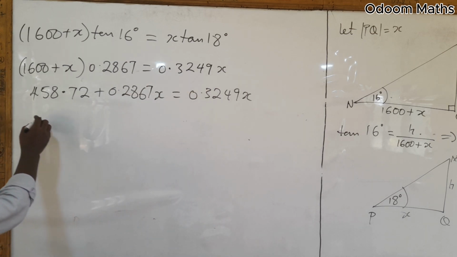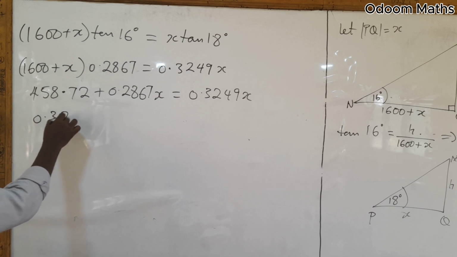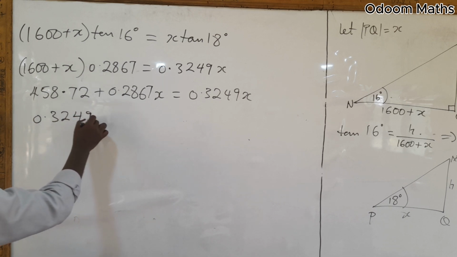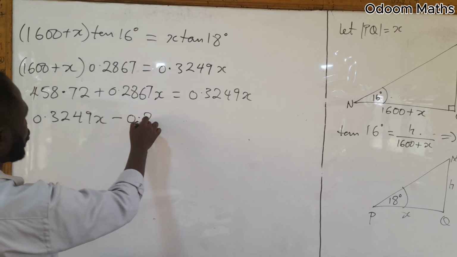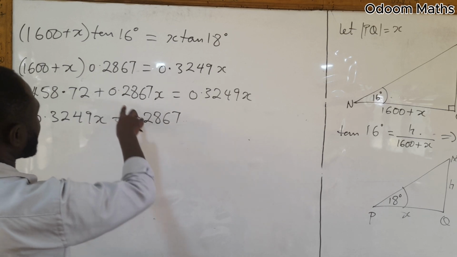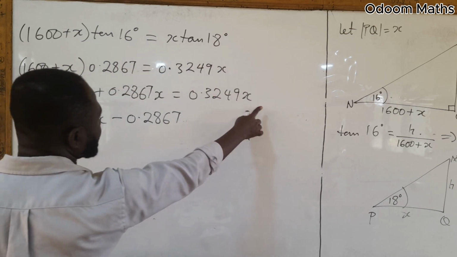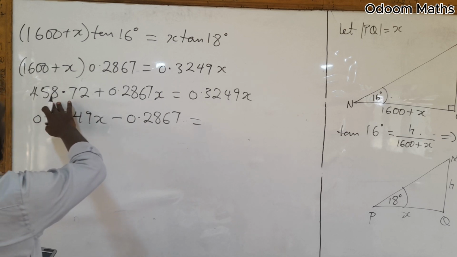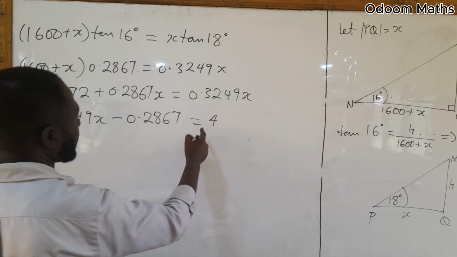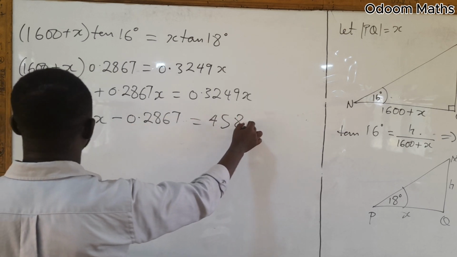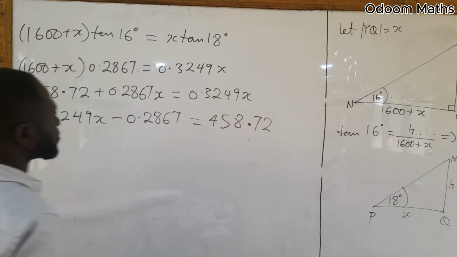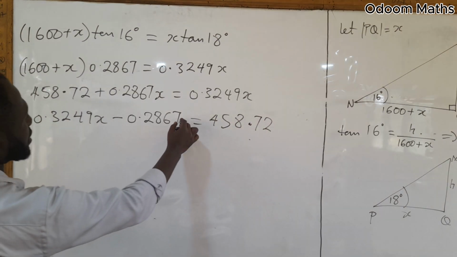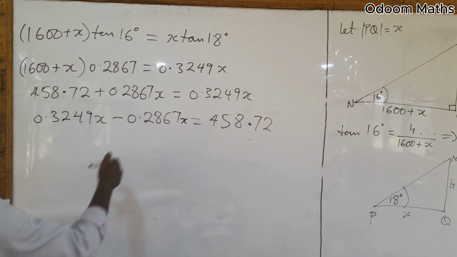So that is going to be 0.3249x minus 0.2867x. This is positive here, so when it crosses, it becomes negative. Okay, and this is equal to, this one I've not moved, so that is 458.72.